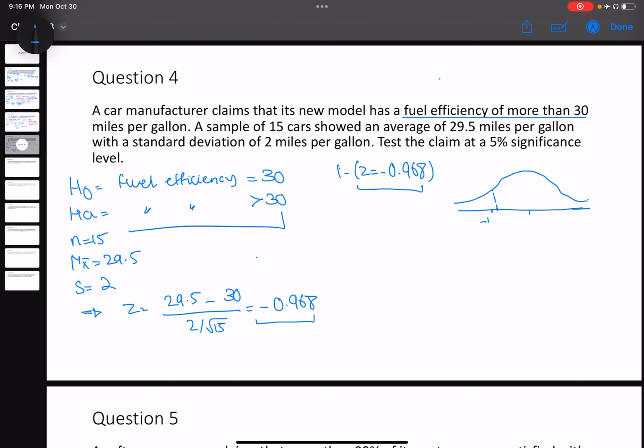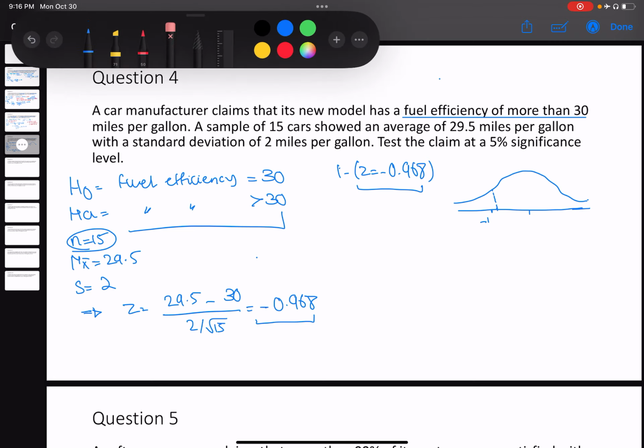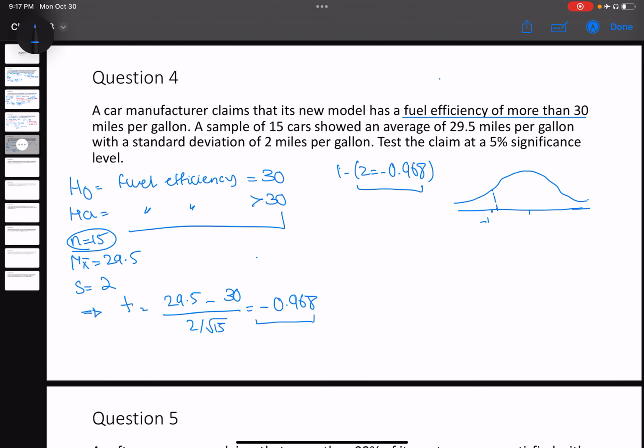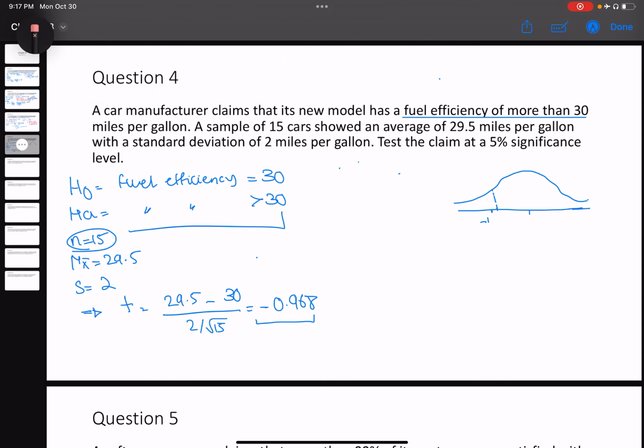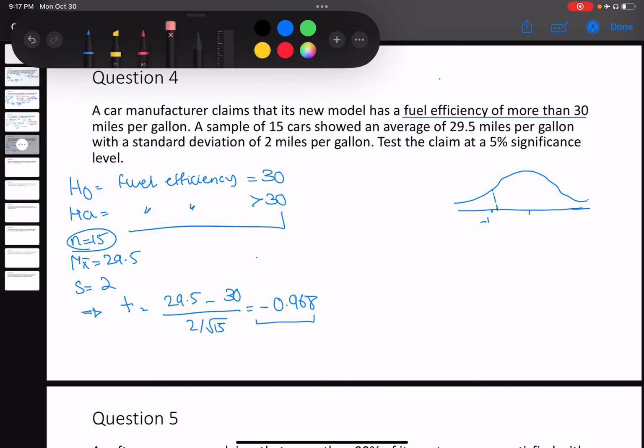We can get this. Oh, basically we have n equals 15, which is a very small sample, so it is a t-statistic. It has the same formula, but we have to use the t-table, and we can get the t-value, but we're not going to get 1 minus the t-value.